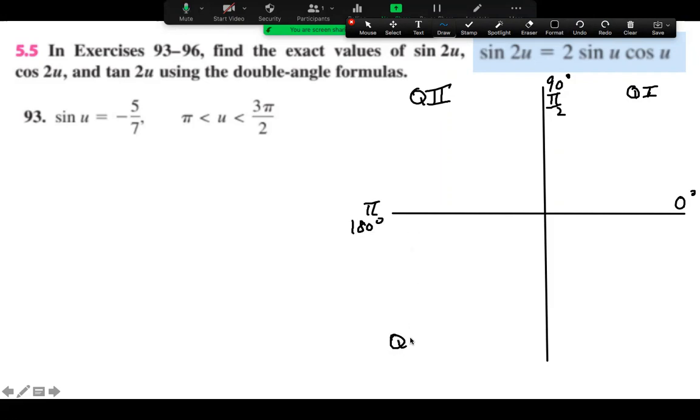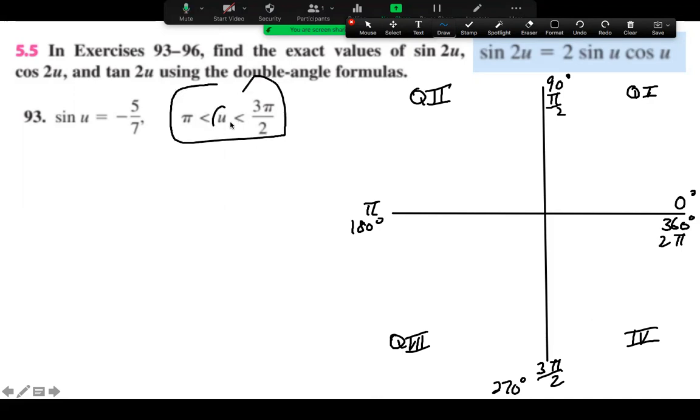Quadrant 3 here goes from pi, 180 degrees, to 3 pi over 2, which is 270 degrees. And then quadrant 4 is from 270 degrees to 360, which is a full revolution, also known as 2 pi. So if the information here, folks, says that our angle u is trapped between pi and 3 pi over 2, we are in quadrant 3.